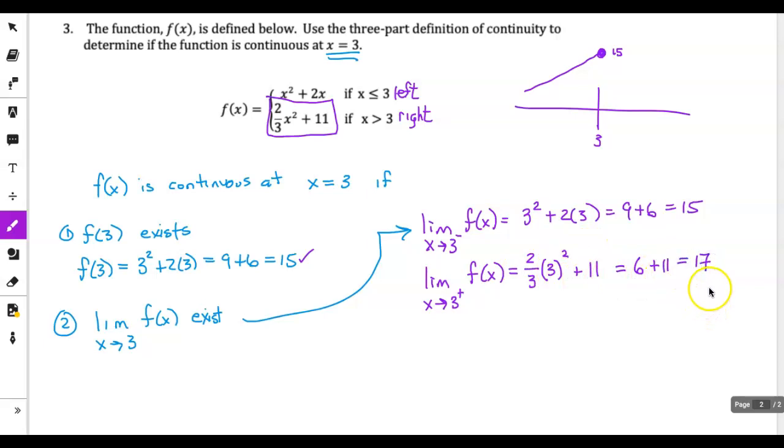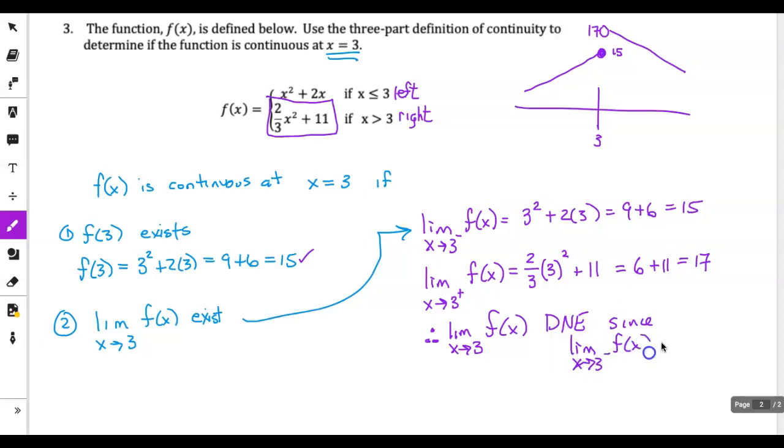Okay, so that's the problem. From the right-hand side, this graph is actually approaching 17 instead of 15. So therefore, this is the symbol for therefore, you don't have to know that. The limit as x approaches 3 of f of x does not exist, since the limit as x approaches 3 from the left does not equal the limit as x approaches 3 from the right.